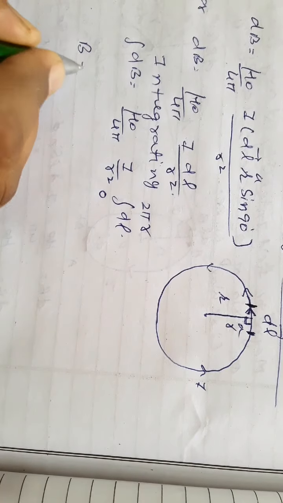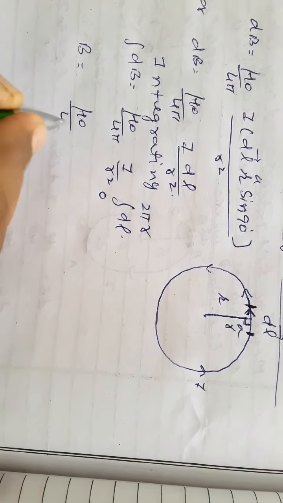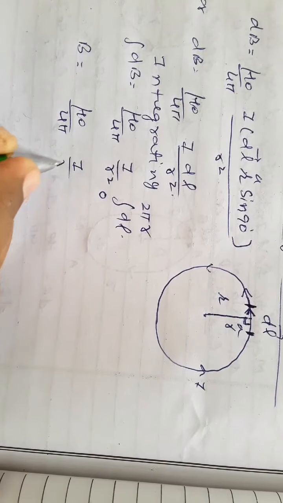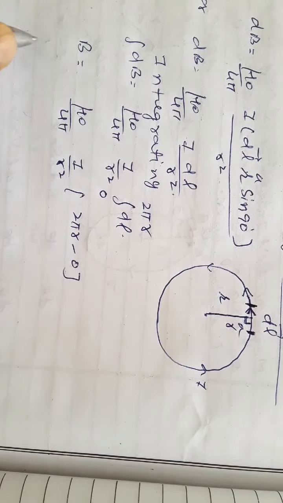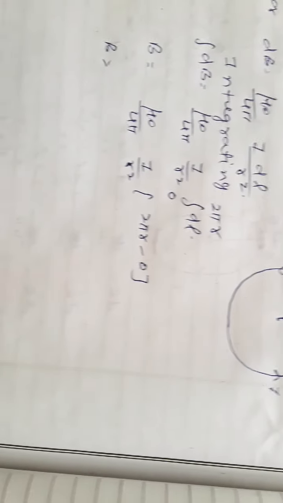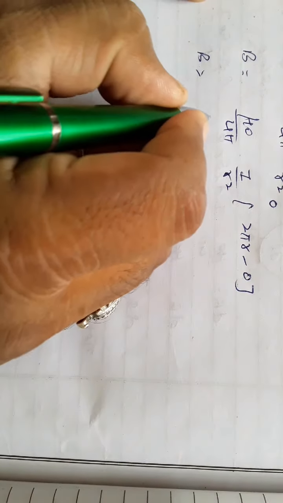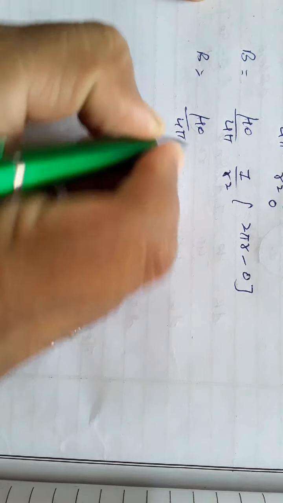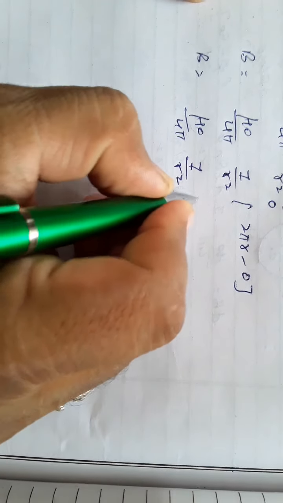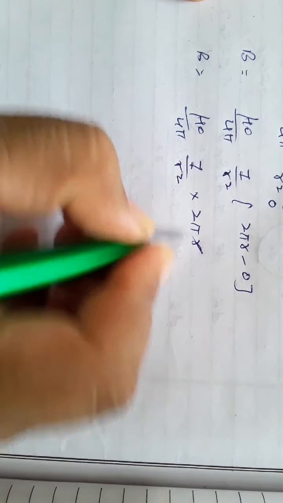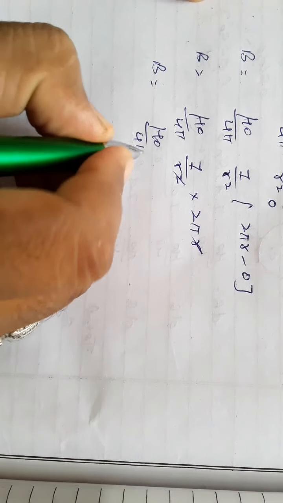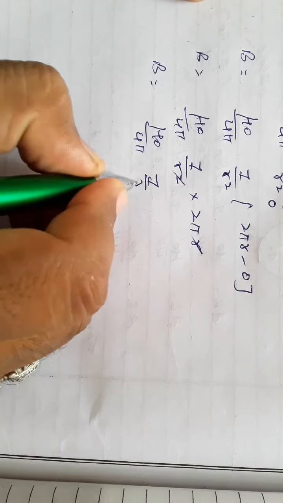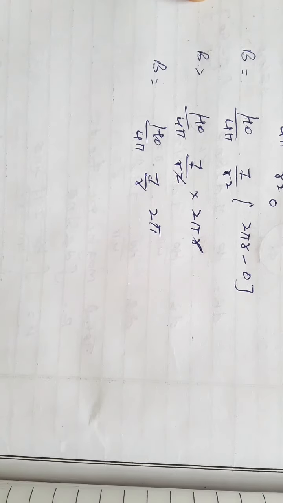So, we can write B is equal to mu naught upon 4 pi into I upon r square into 2 pi r minus 0. So, B is equal to mu naught upon 4 pi into I upon r square into 2 pi r. r will be cancelled. So, B is equal to mu naught upon 4 pi into I upon r into 2 pi.